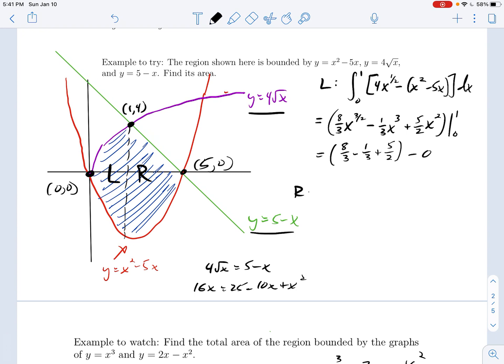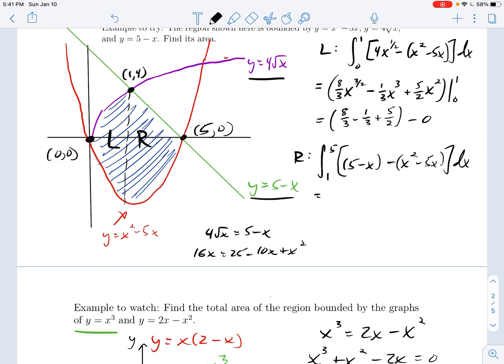How about the right? On the right, x goes from 1 to 5. My top function is 5 minus x. My bottom function is x squared minus 5x. Let's distribute that first.